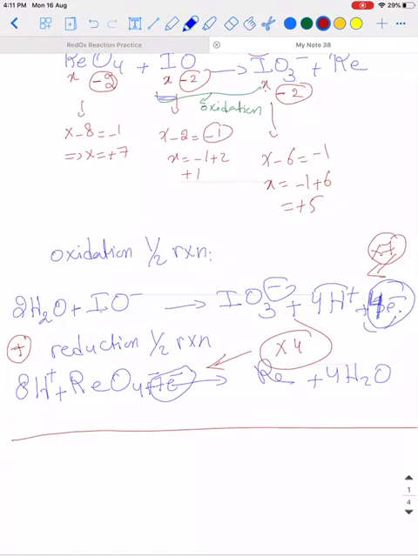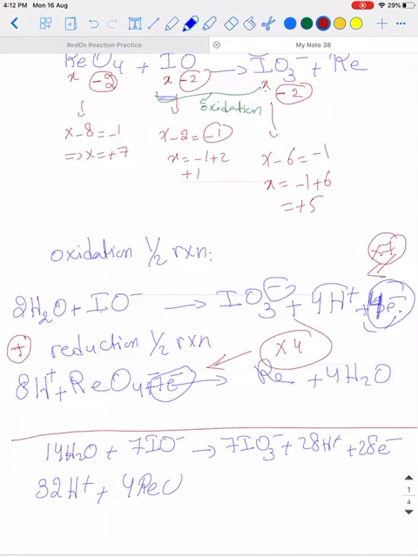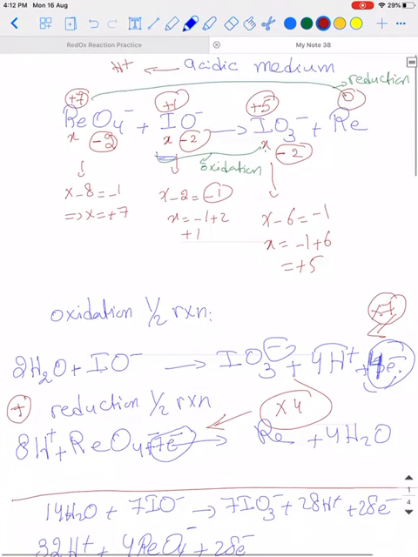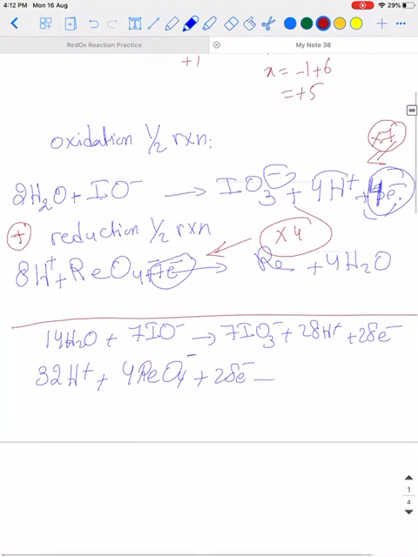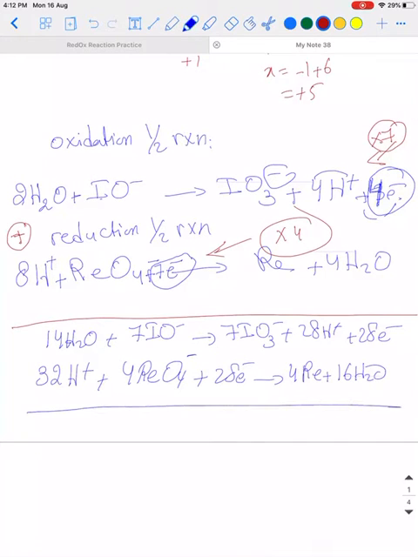When I multiply the first equation by 7, it becomes 14 water plus 7 IO minus to give 7 IO3 minus, 28 H plus, and 28 electrons. Multiplying the whole equation below by 4, it will be 32 H plus and 4 ReO4 minus plus 28 electrons to give 4 Re plus 16 water.